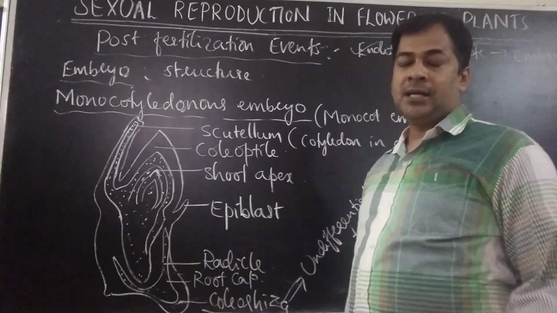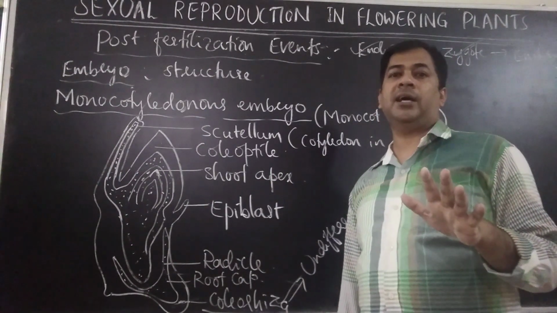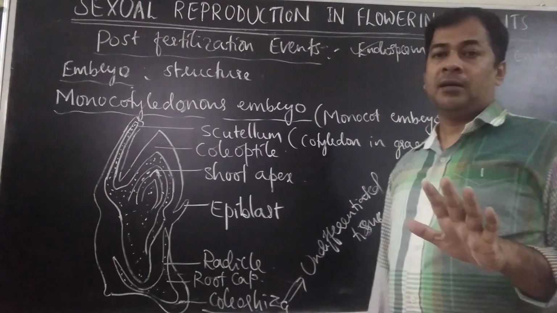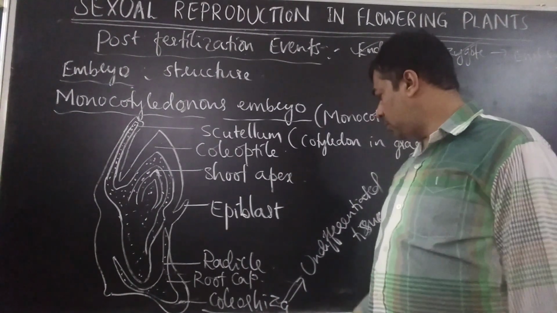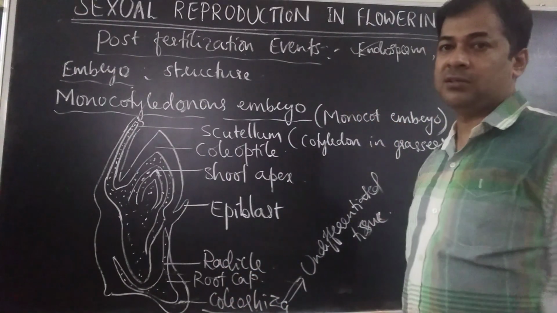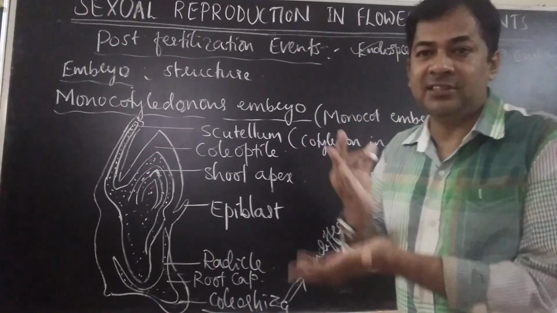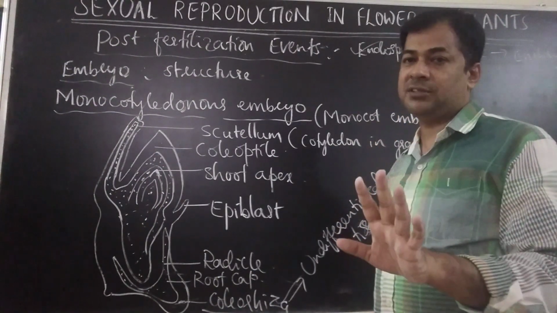Differentiated means they have lost the capacity to divide and they have become permanent cells. Like meristematic cells, function is only cell division. Now undifferentiated means they have only one function, only one work, that is cell division. Other than cell division, no other function.